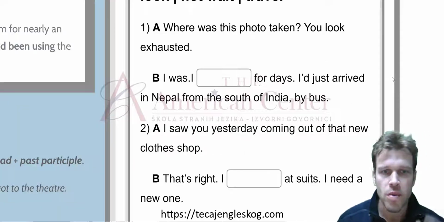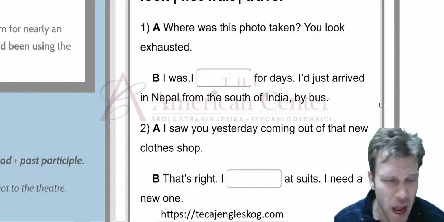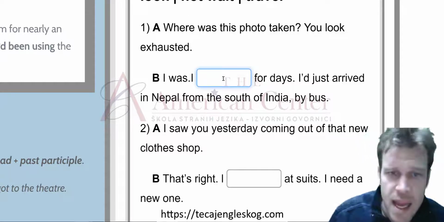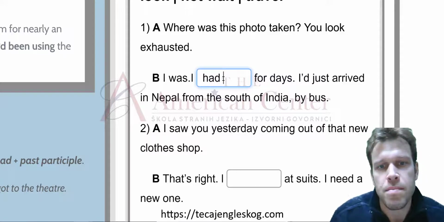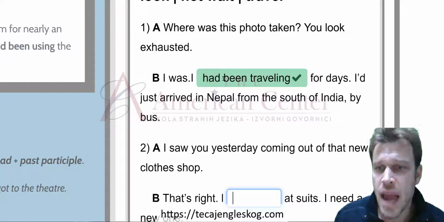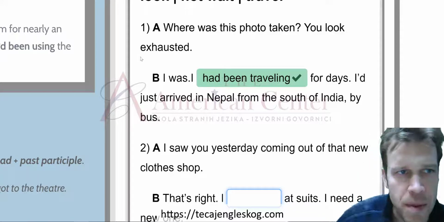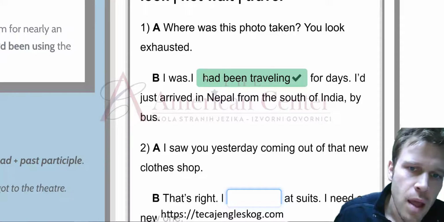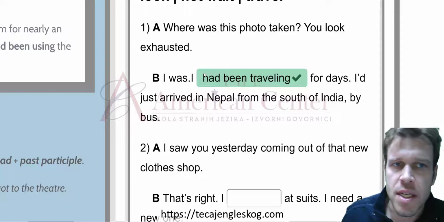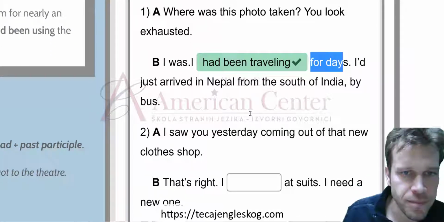So now we can answer this question. I was exhausted. I had been traveling for days. Again, number one, we know it's past perfect continuous because we have an explanation of why we were exhausted, and additionally we have for plus a period of time.